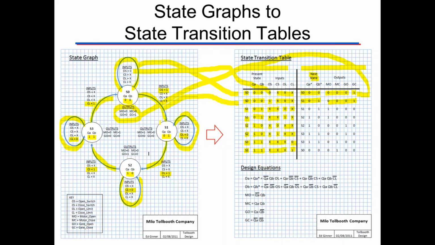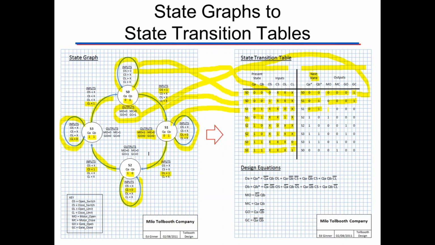As soon as we get into state 1 right here, that's this row. When we're in state 1, what are our outputs? Motor open equals a 1. So now we have to change our outputs. The state is state 1, so this is a 0, 1.